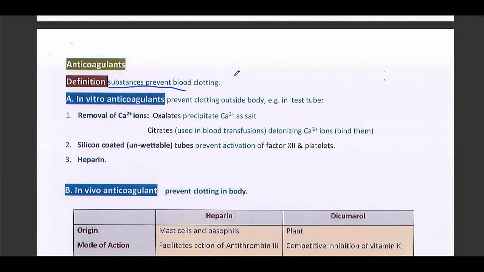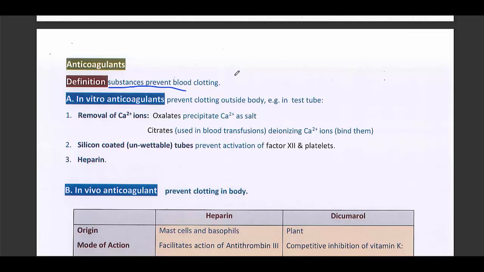Simply, in vitro anticoagulants prevent blood clotting outside the body, in both pathways. It works in test tubes, in lab tests, in three ways.